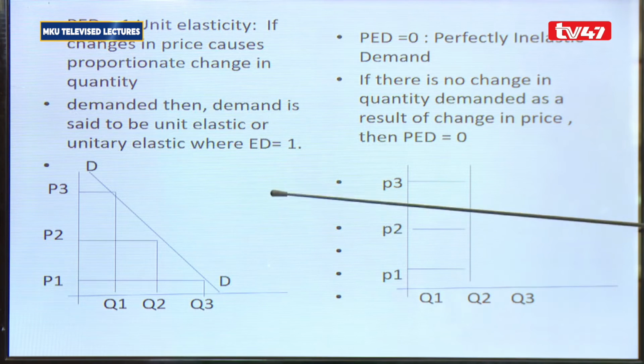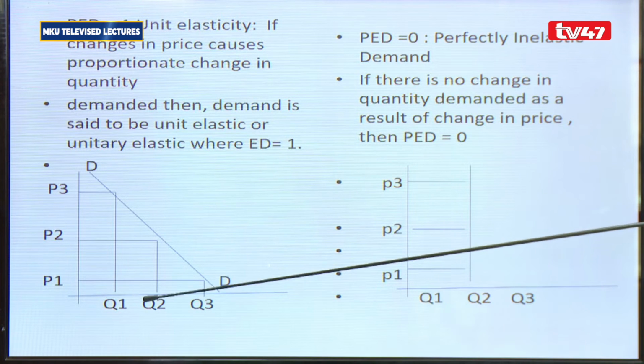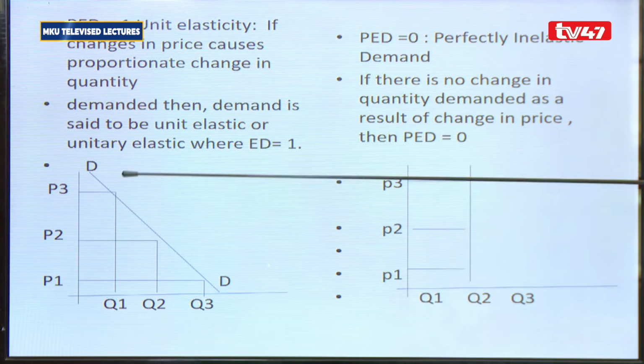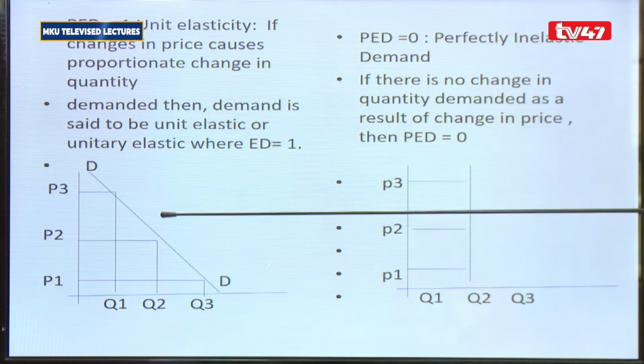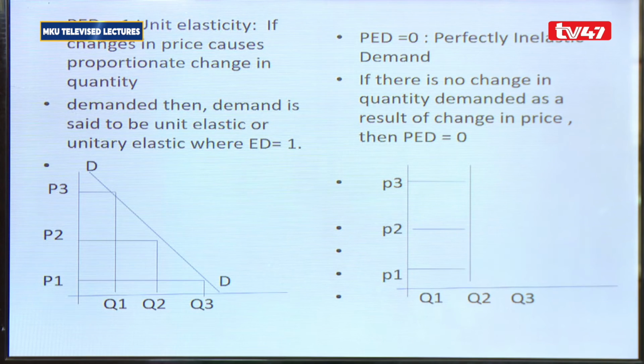There is no way, therefore, that we can compare the quantity and say that there is an equal 1-to-1 ratio of price and quantity. However, the unit elasticity helps us to understand the concept of that change.